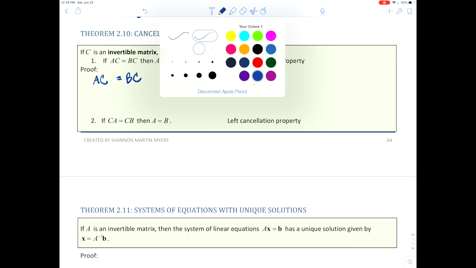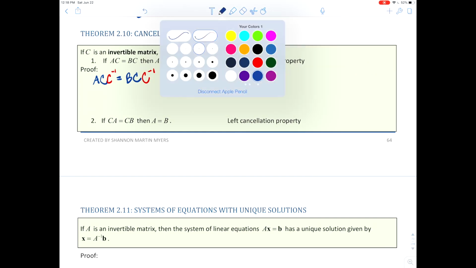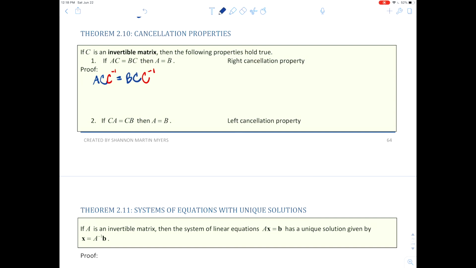Since C is invertible, if I multiply on the right of both sides by C inverse, let's see what we get. No pun intended.